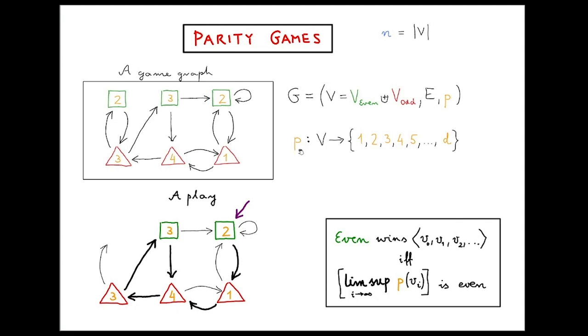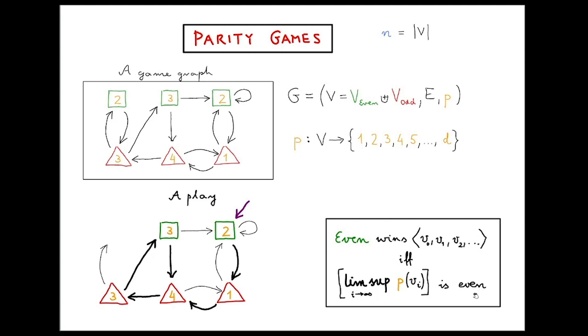Now, how is this labeling by priorities determining the winner? How does the arbiter work here? Well, here's the definition. We will say that even wins a sequence of vertices, in other words, the sequence of vertices belongs to the set of winning plays for even, if and only if, and if you see it for the first time, it may seem really ad hoc, here's the condition.